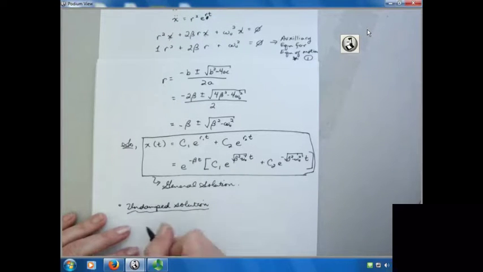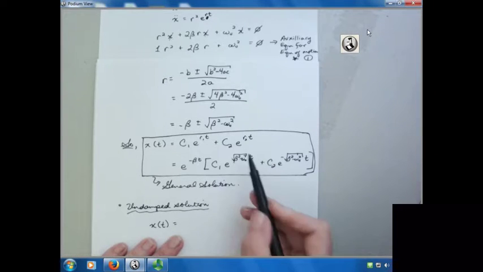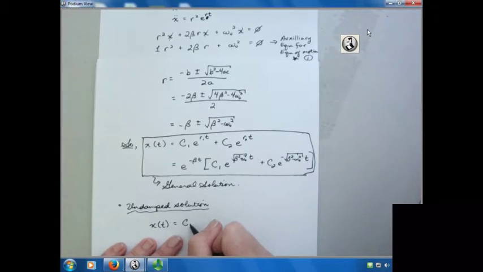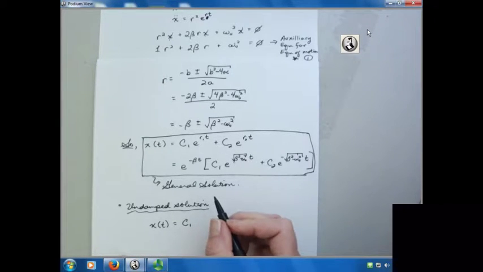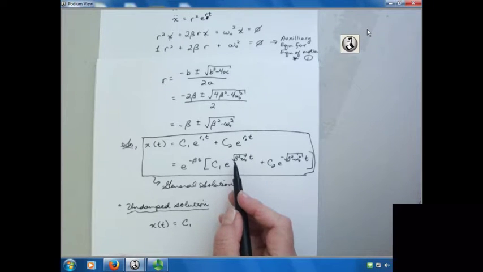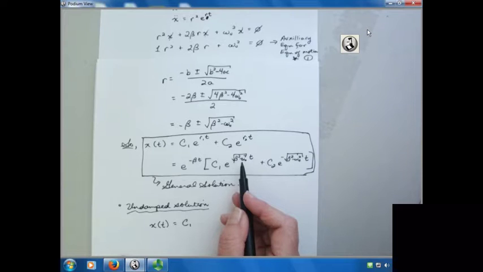So in that case, my solution just becomes C1 e to the square root of beta squared minus omega naught squared, so it'll be i times omega naught.